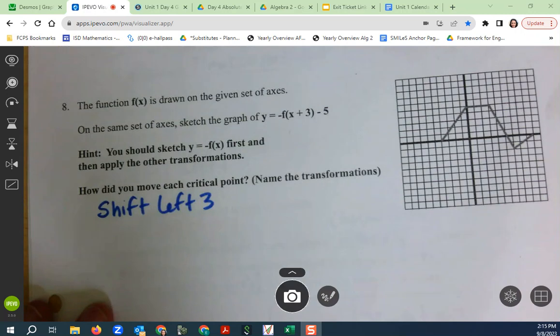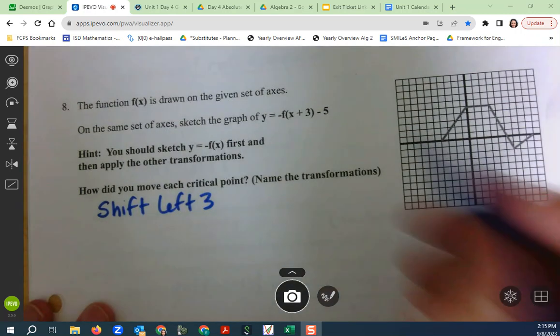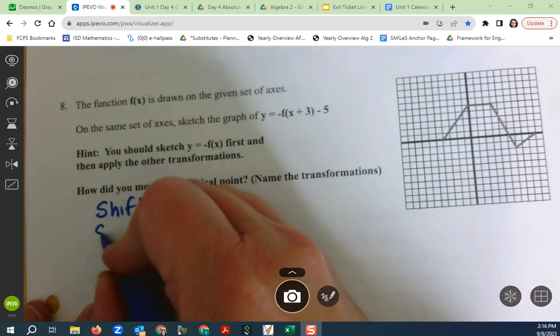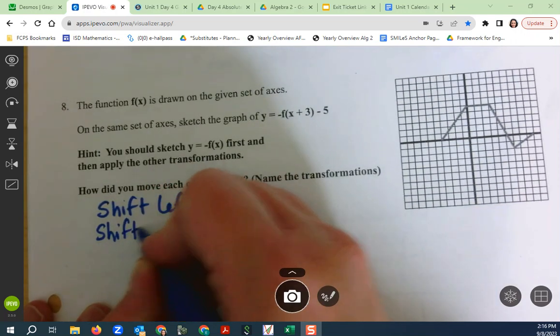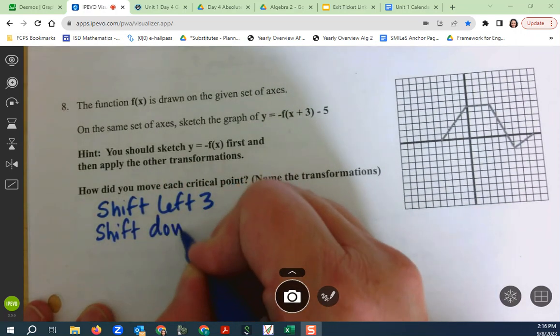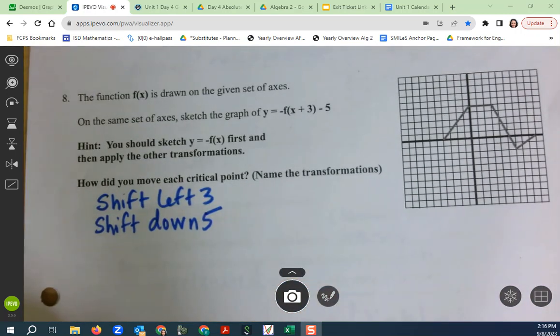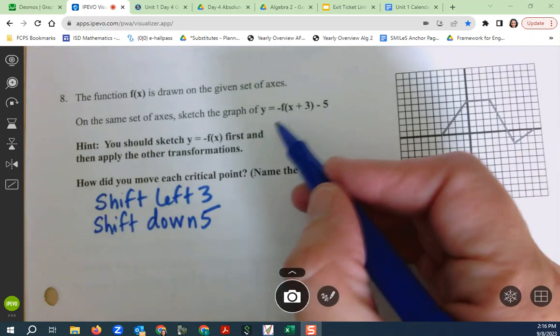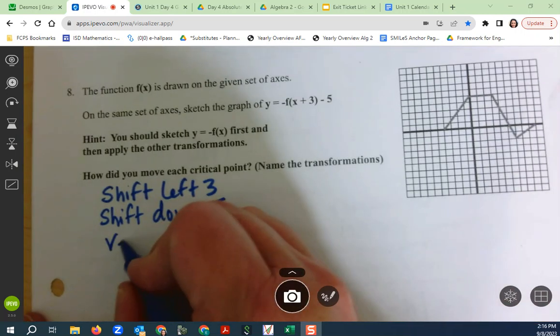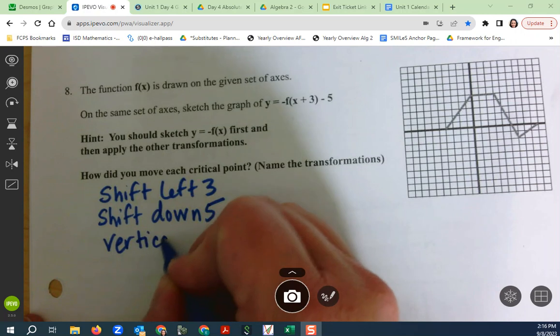And Andrew, what's another one? Good. So this -5 will shift us down 5. Please make sure that you guys get that if you didn't already. And do you know the last one? Yes, so the minus in front, that negative, is the vertical reflection.